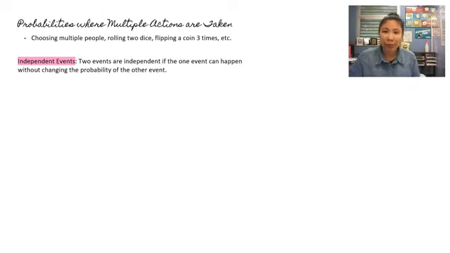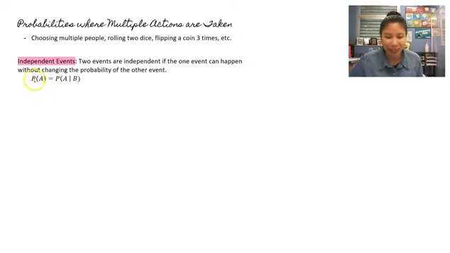Because we're talking about multiple events or multiple actions now, we also need to talk about independent events. Independent events are when one event can occur without changing the probability of the other. So independent means one doesn't affect the other, or it doesn't affect the probability of the other happening.